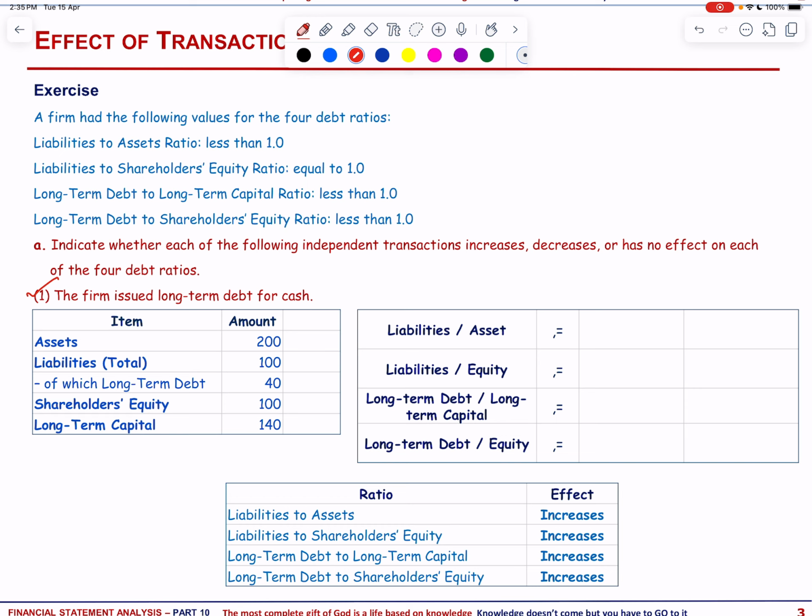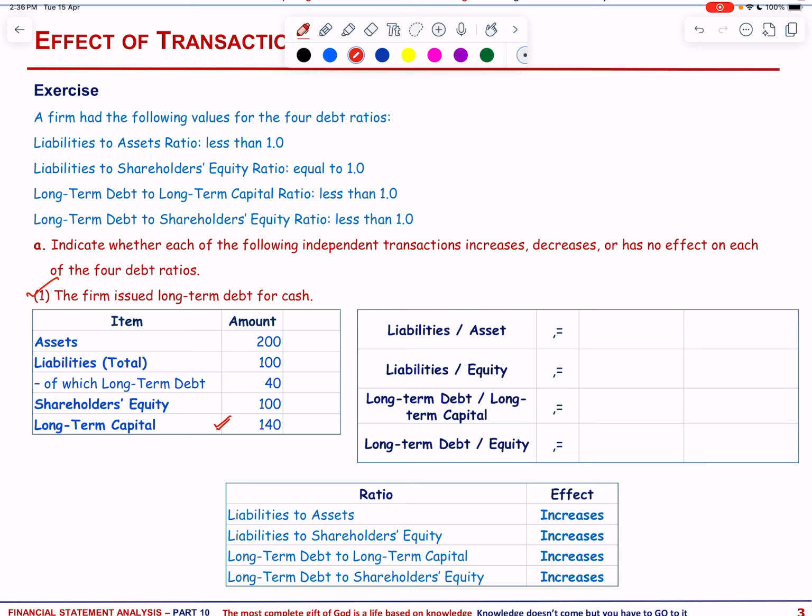Now, we are going to go through some steps to determine how issuing long-term debt for cash affects each of the four ratios, and we will assume a simple balance sheet that you can see over here. We have the assets, we have the liabilities, we have the long-term debt, the shareholders' equity, and the long-term capital of 140.